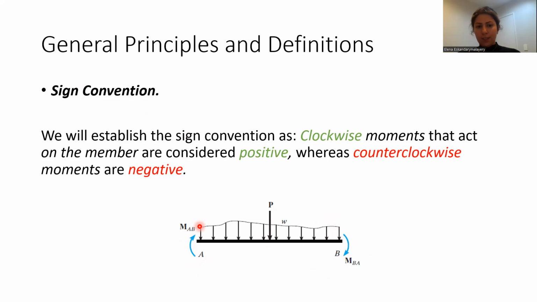So as you can see, clockwise will always be positive, and anti-clockwise or counterclockwise is considered negative. So it is very important to keep this convention all through the method. Do not change this convention at all, because then the result will not be correct.